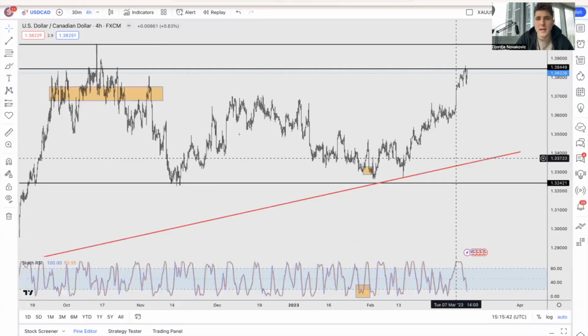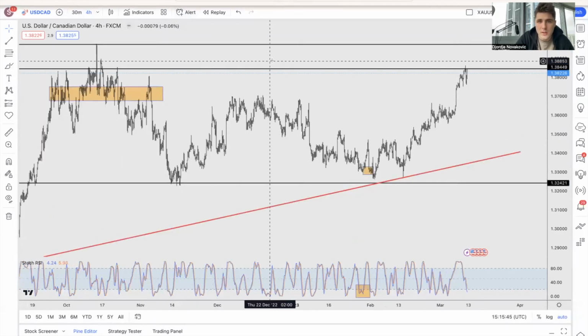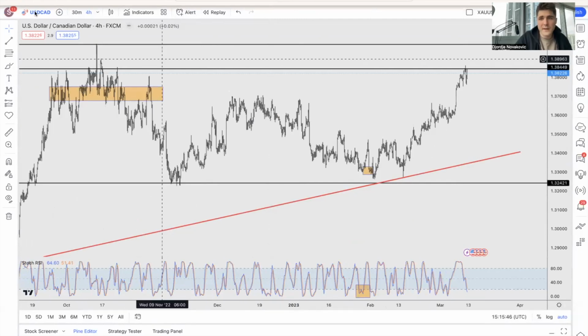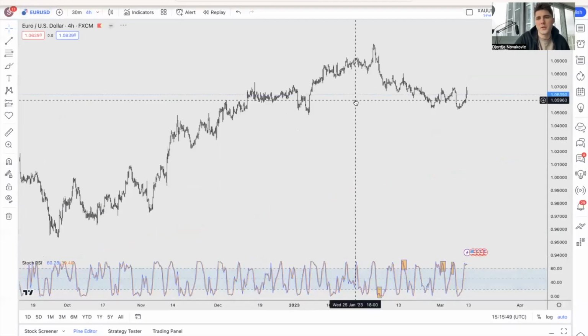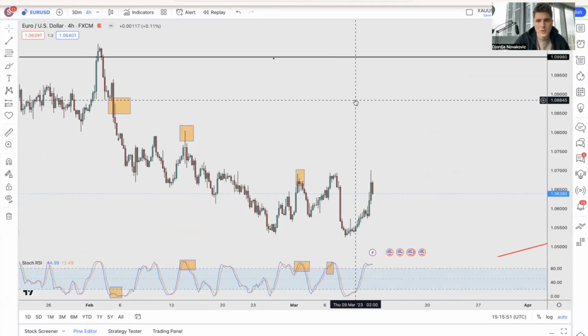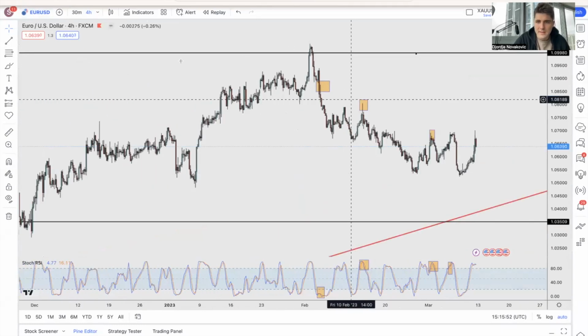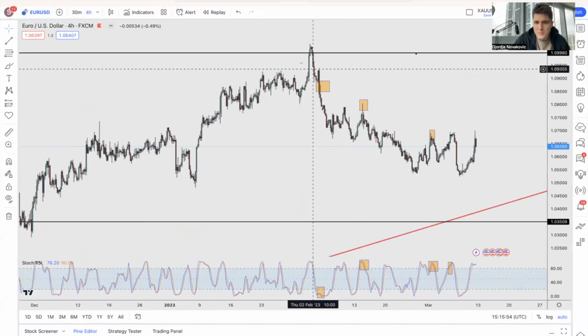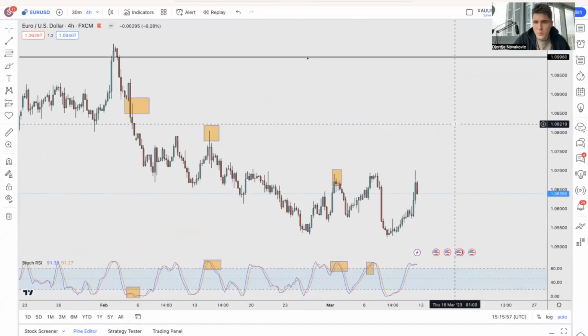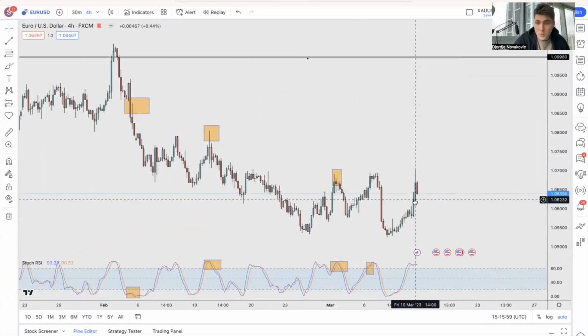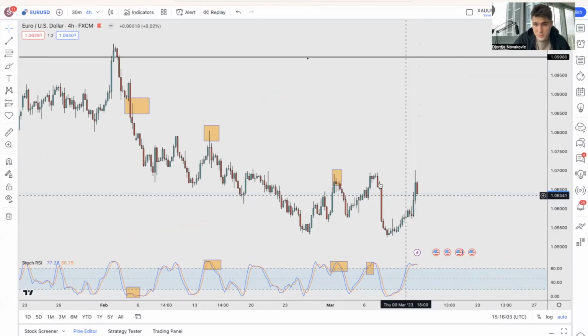So as you guys know, okay, perfect. If I take the whole EUR/USD pair, you can see that we had some moves these other days. On Friday, 10th of March.